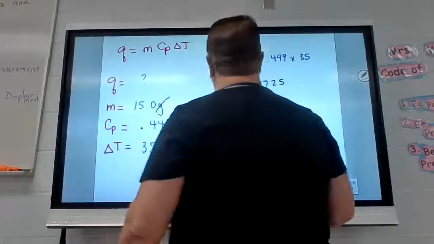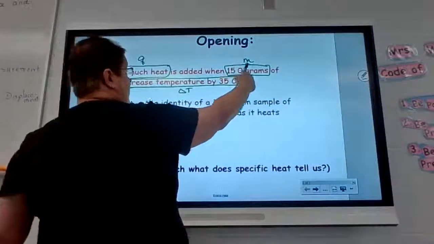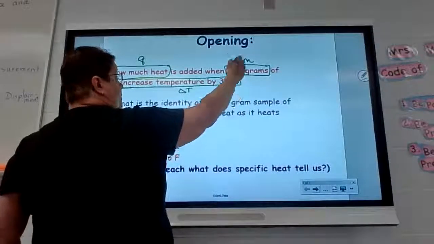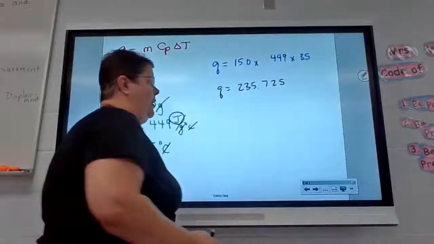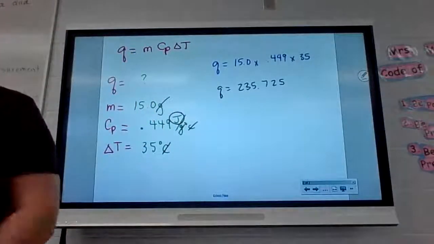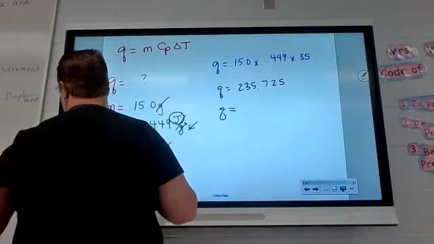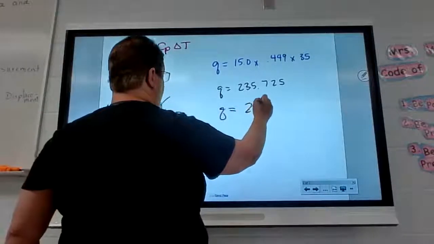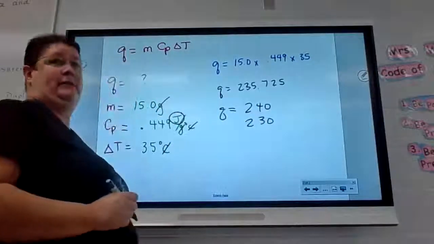235.725. Now, my significant digit rules. If I look, this had how many significant digits? 3. This one had how many? 2. That means my answer needs how many? 2. So when I round, what am I going to round it to? 240, or if you said 230, I can live with either answer.